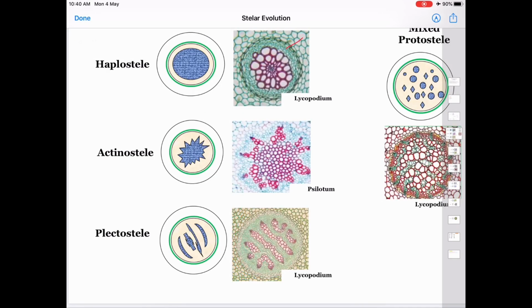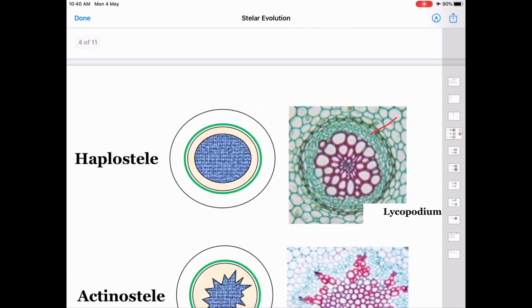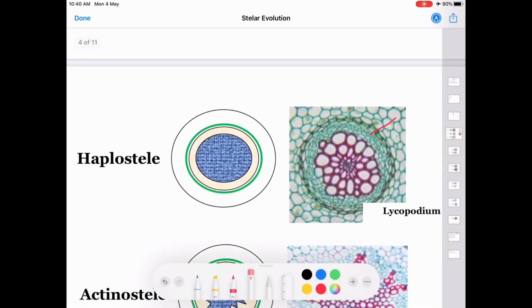Coming to the different types of protostele, the first one is the haplostele. This haplostele is commonly seen in Lycopodium. In the haplostele, the central region is occupied by the xylem, and the xylem in turn is surrounded by the phloem.